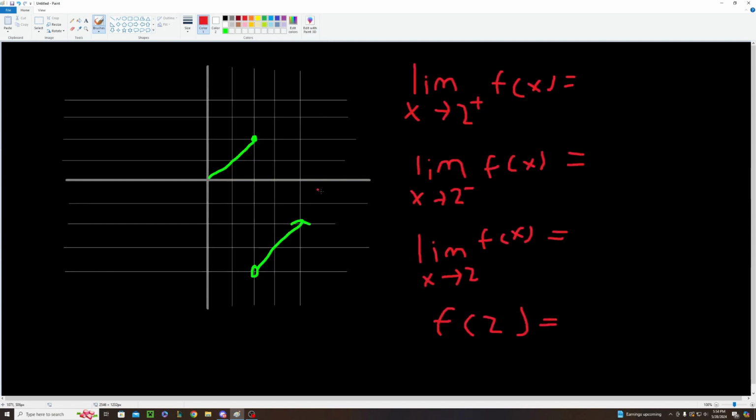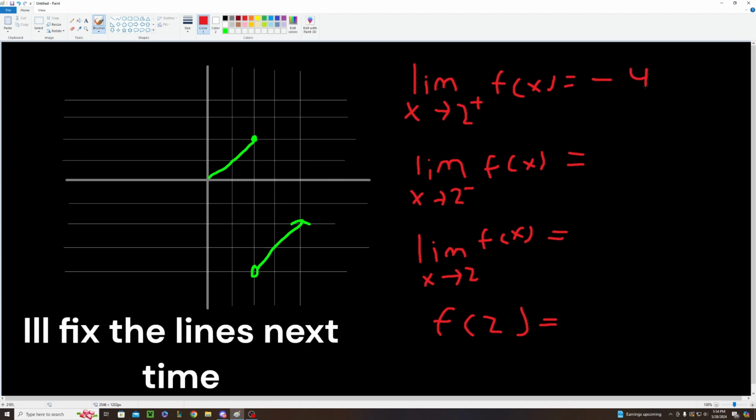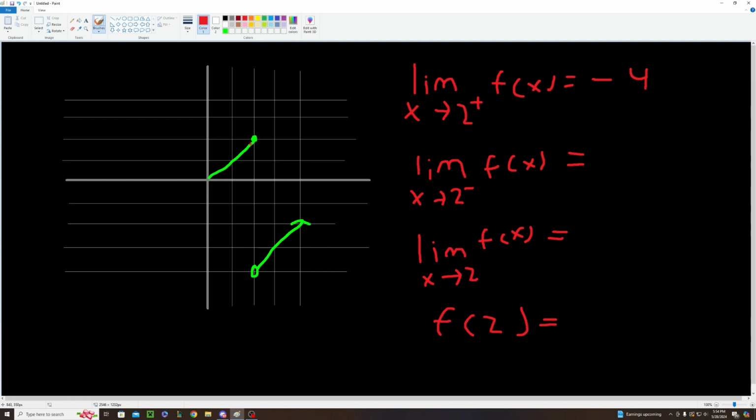Okay, I made up a practice problem real quick. Let's start with over here. The limit as x approaches 2 on the right side. We can see that the graph is going down towards negative 4. So the limit as x approaches 2 on the right side is negative 4. On the left side, the graph is going up, and as x approaches 2 on the left it is at positive 2.